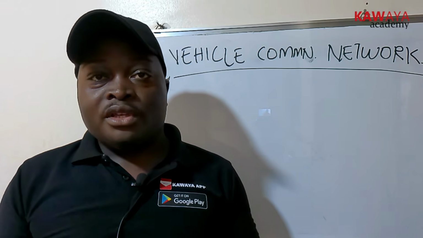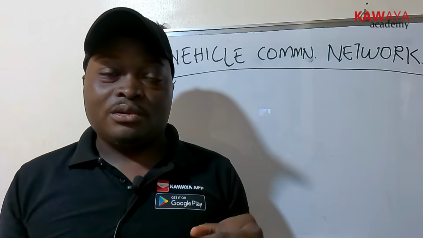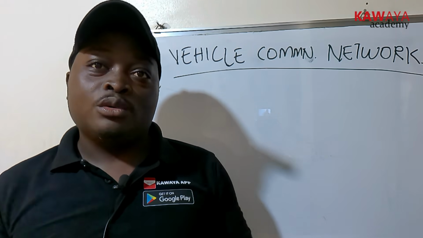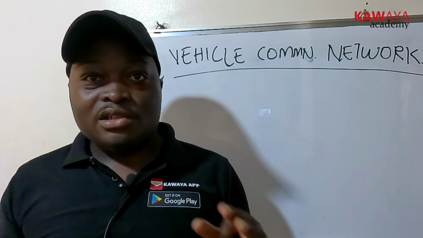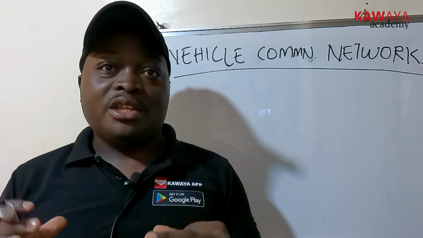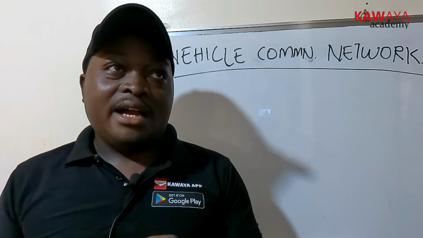So modern vehicles have many computers, you know. They may have an airbag control module, a body control module, a powertrain control module, an engine control module, and so on. Basically how these modules communicate is what we call a network system.